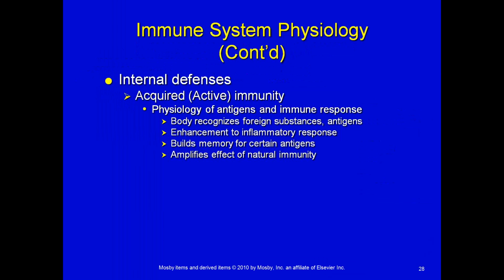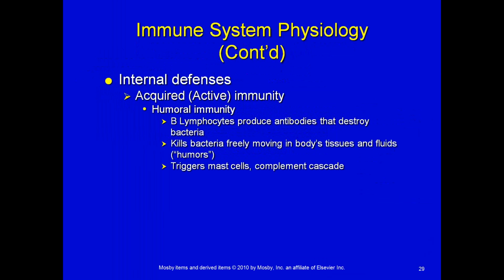So things like histamine, bradykinin, leukotrienes, all these things are released into your bloodstream, and they go to work building antibodies, so that should they see the antigen again, those antibodies are there to help fight and destroy that antigen.